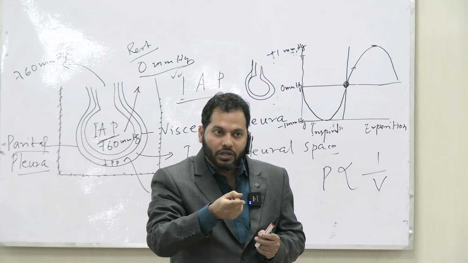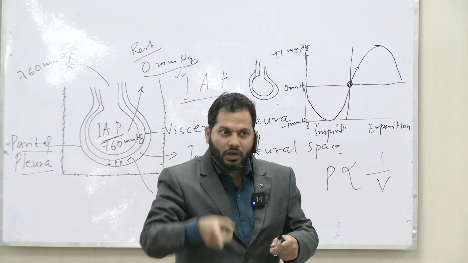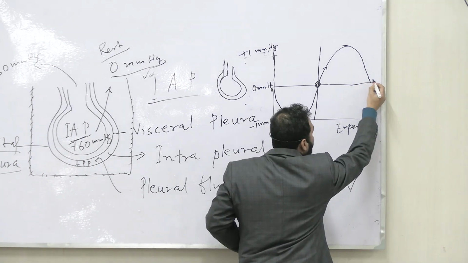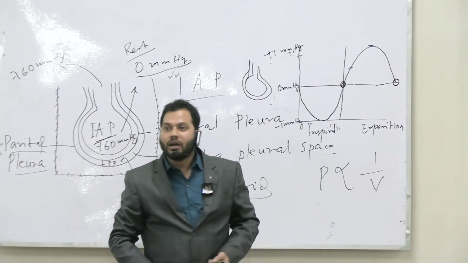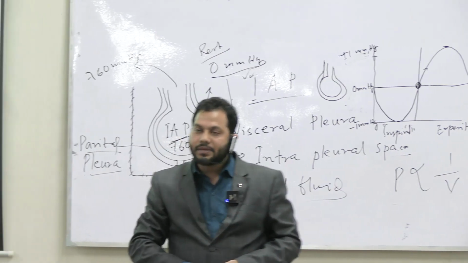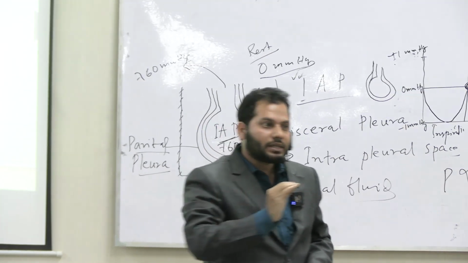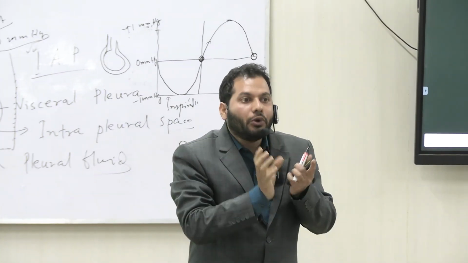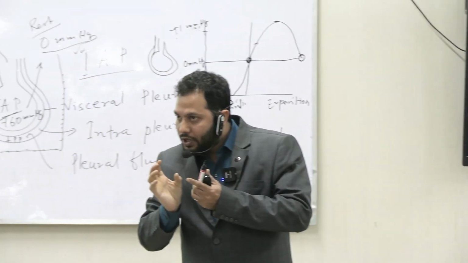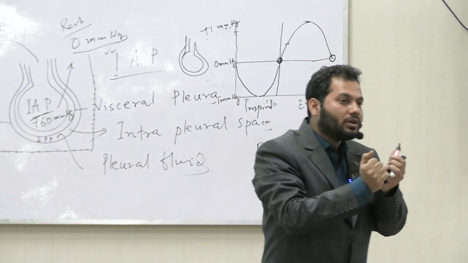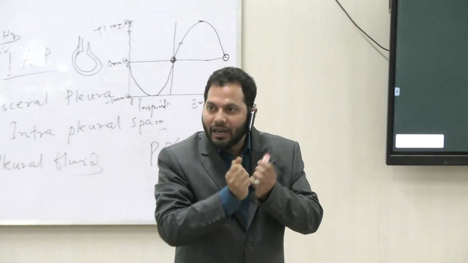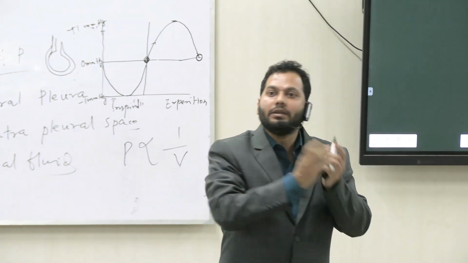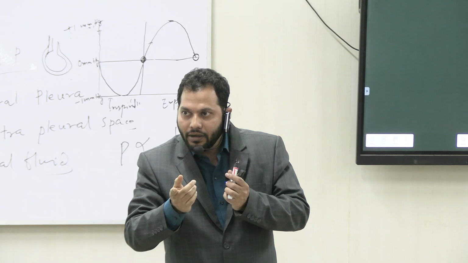According to Boyle's law, if pressure increases, volume declines, right? So here again, it returns back to 0 millimeter mercury. It means, though it was 0 at the beginning of expiration, due to shrinkage of the lung alveoli there is an increase of pressure inside alveoli. According to Boyle's law, if there is an increase in pressure, the volume will decline.